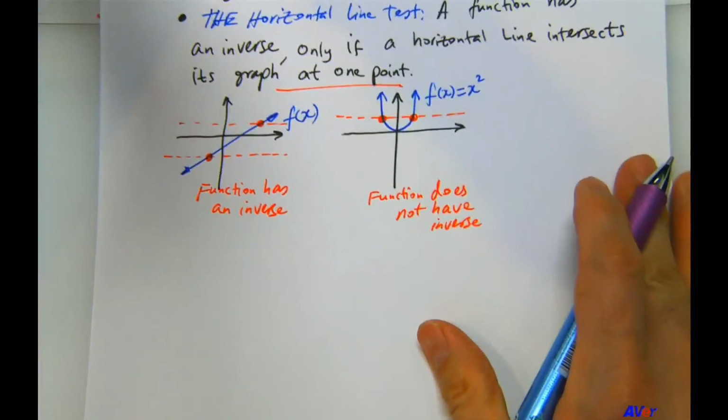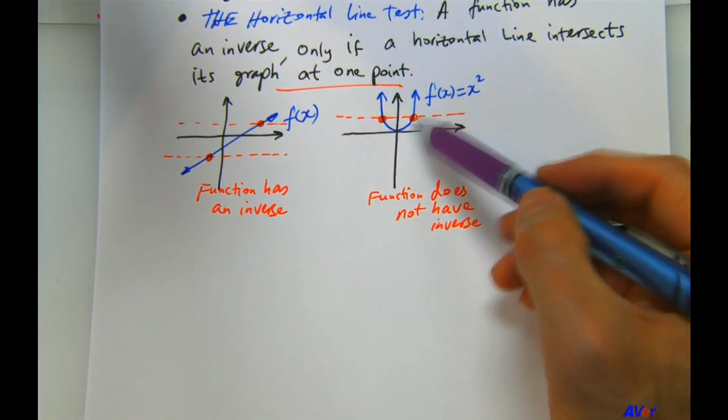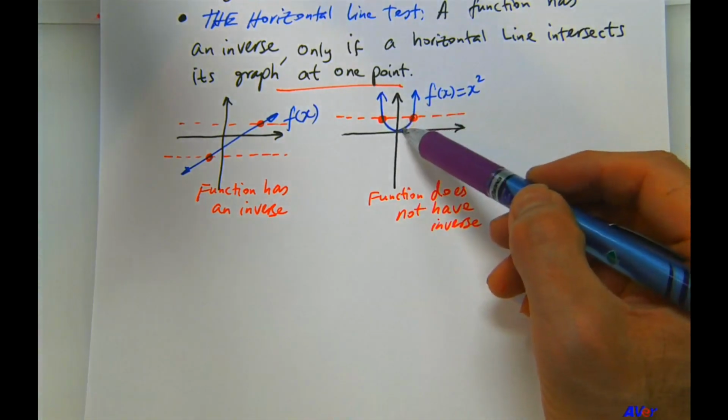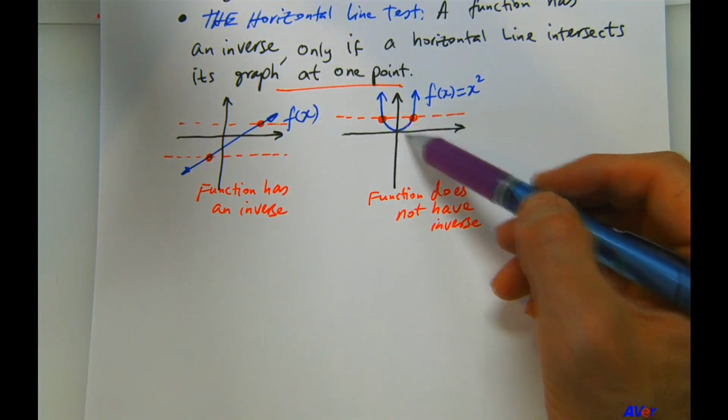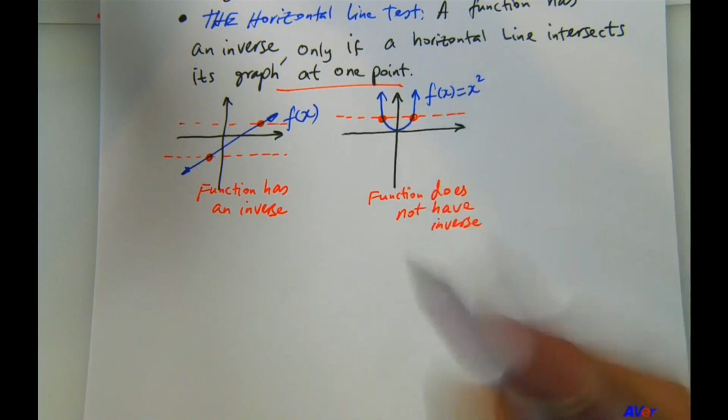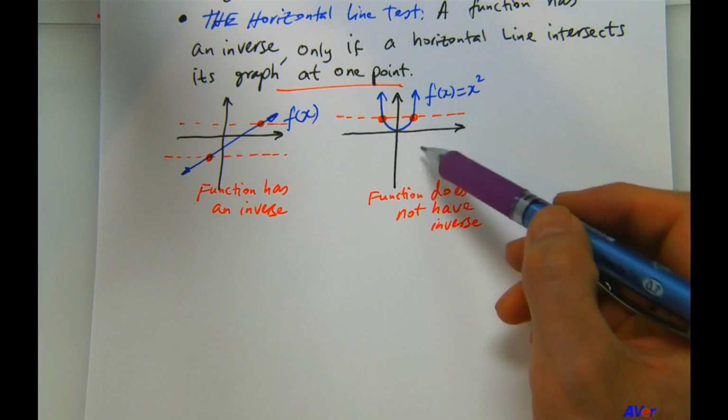I don't know if you remember, but in cases like this, we limited the domain of the function to a part where it can be intersected with a horizontal line only once. In this situation, it does not have an inverse.